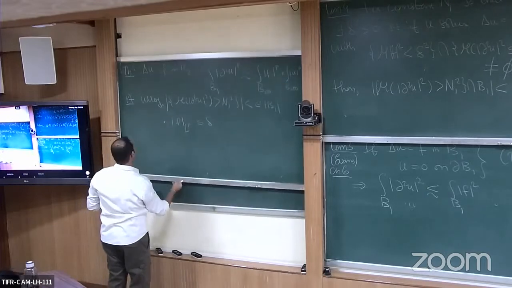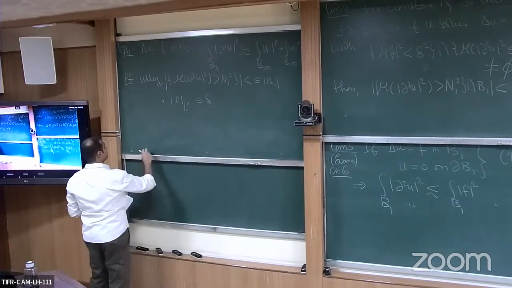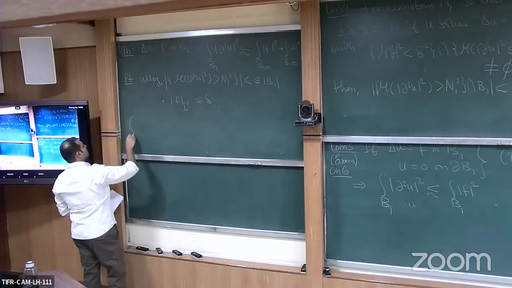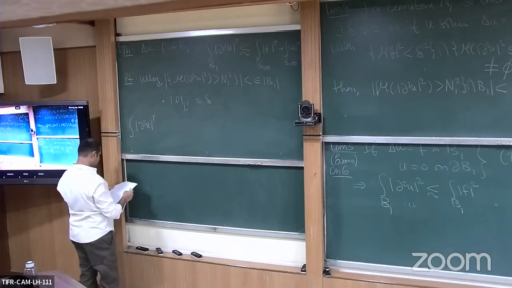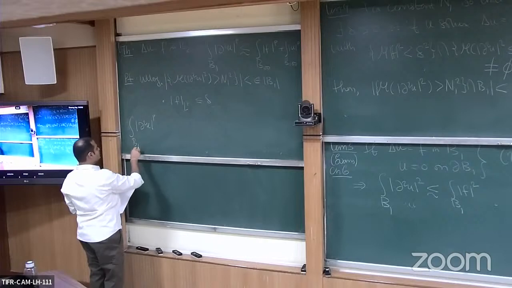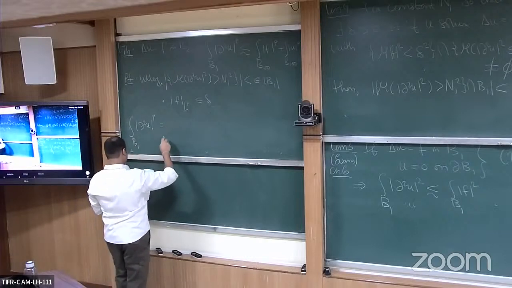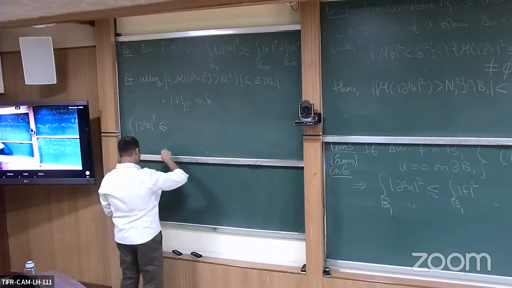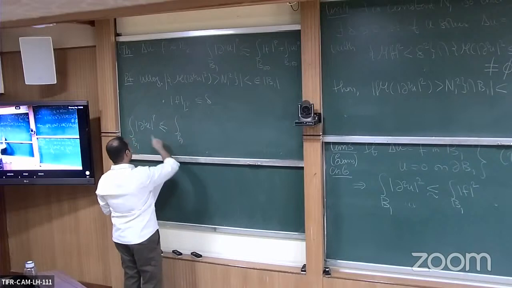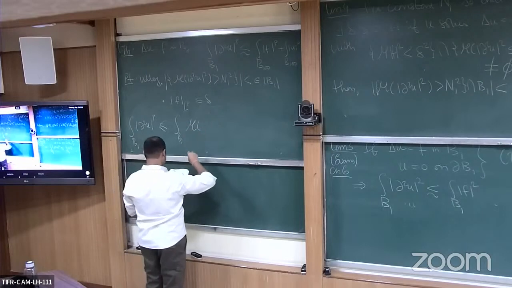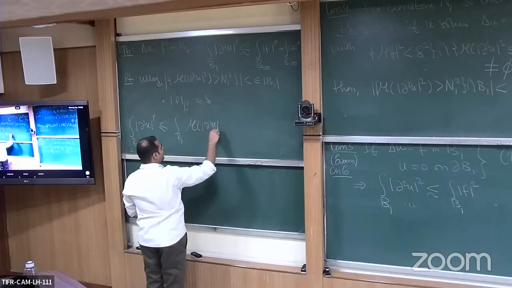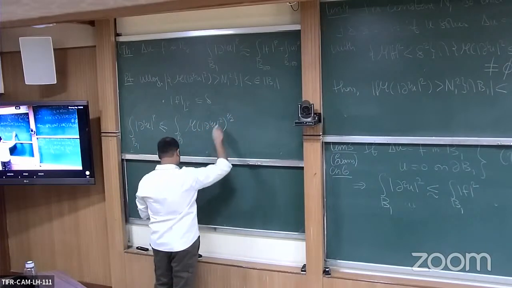Yeah, that's not a complication. So let us compute. I'm looking at D2u power p, right? What is this? Up to a constant. Now I'm going to replace this with the maximum function, the maximum function to the power p by 2.